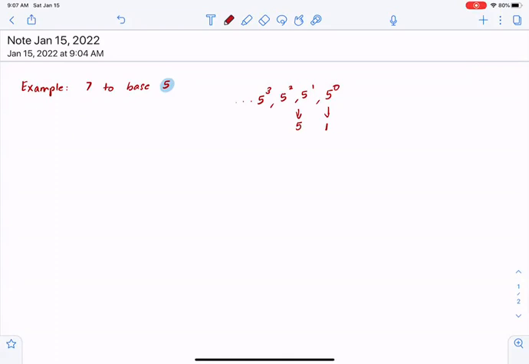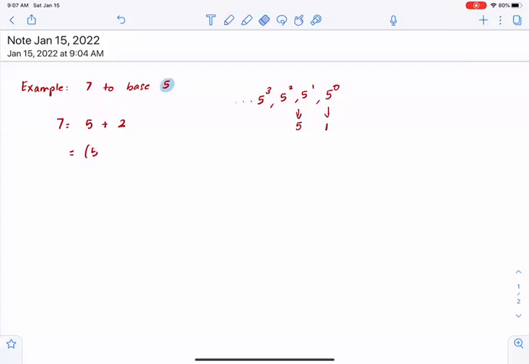If I took out 5, I am left with 2. So 5 plus 2 is 7. So 5 will be in the first position.